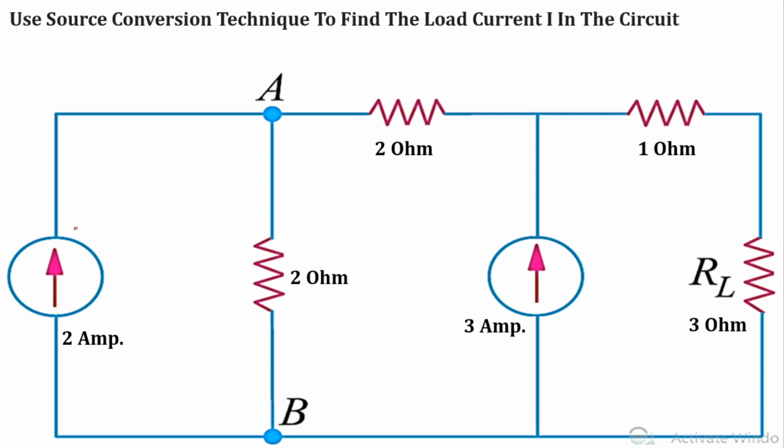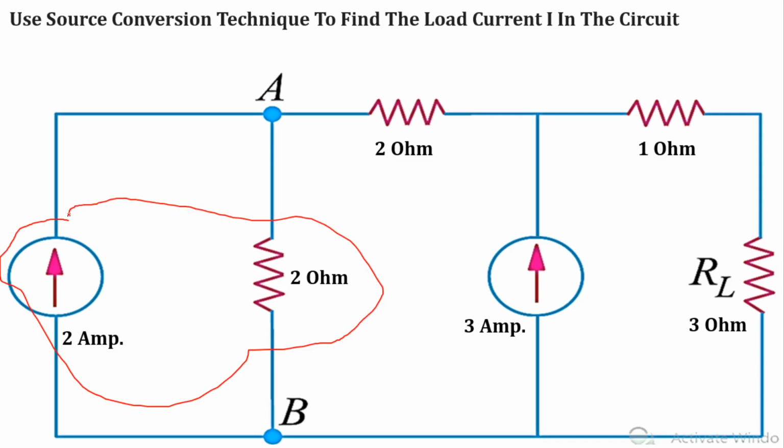So again we can convert this 2 ampere current source with parallel 2 ohm resistance into the voltage source with series resistance. So the value of this voltage source is equal to I into R, that is equal to 2 into 2, and that is equal to 4 volt, and the resistance is again the same as the parallel resistance.